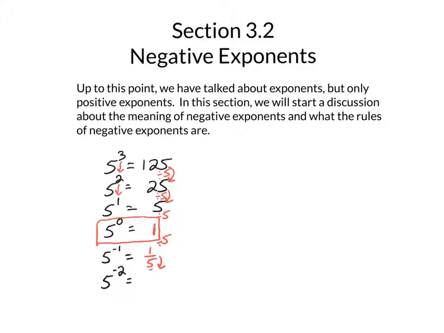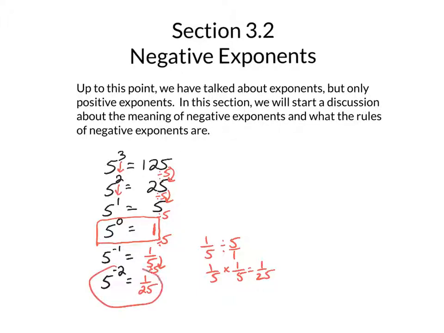I'm going to do the work over here. 1/5 divided by 5 actually means 1/5 times, I'm going to flip this, instead of 5 over 1, it would be 1 over 5. I would get 1/25. So 5 to the negative 2 is equal to 1/25.